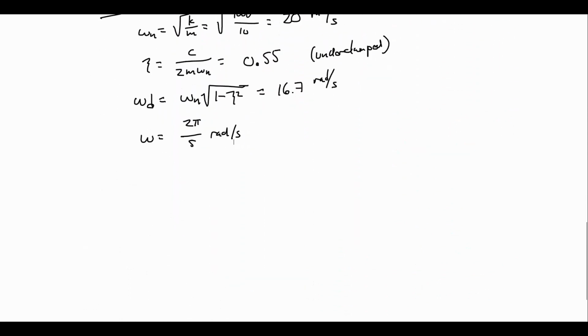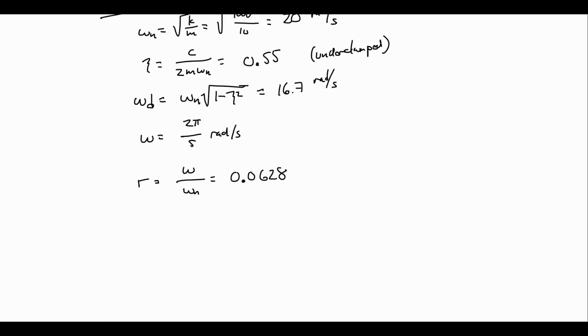And we want that because we want to calculate that R ratio, which our particular solution is going to need, which is that driving frequency over the natural frequency. We get 0.0628.